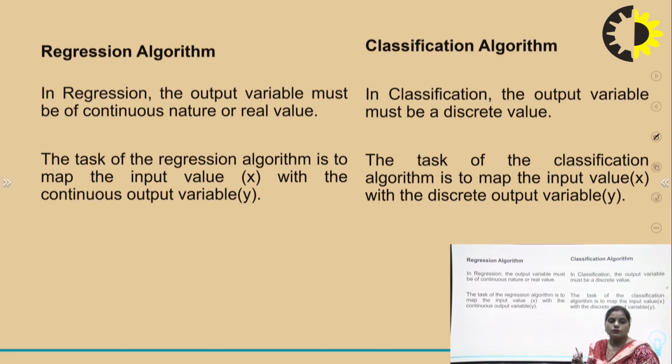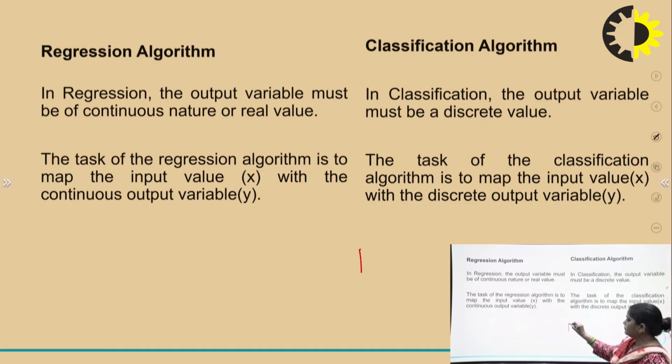The mapping function used in regression maps the input value to the continuous output variable, and in classification the mapping function maps the input value to the discrete output variable. So this is the basic fundamental.